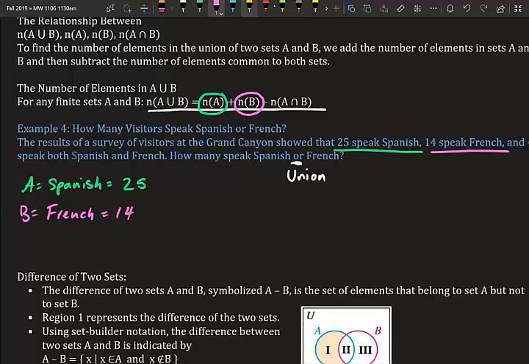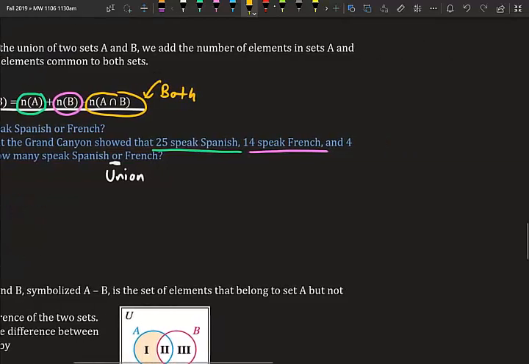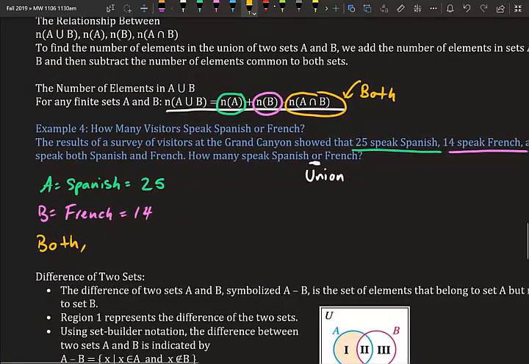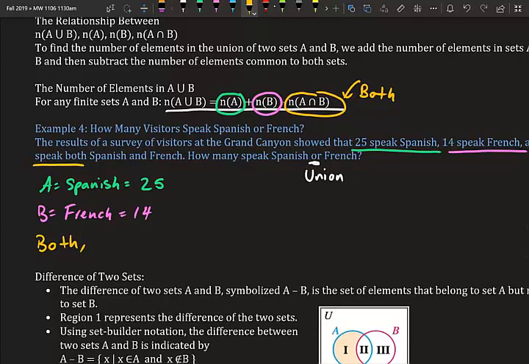And then this part right here is both. So how many speak both? Well, they said 4 speak both.